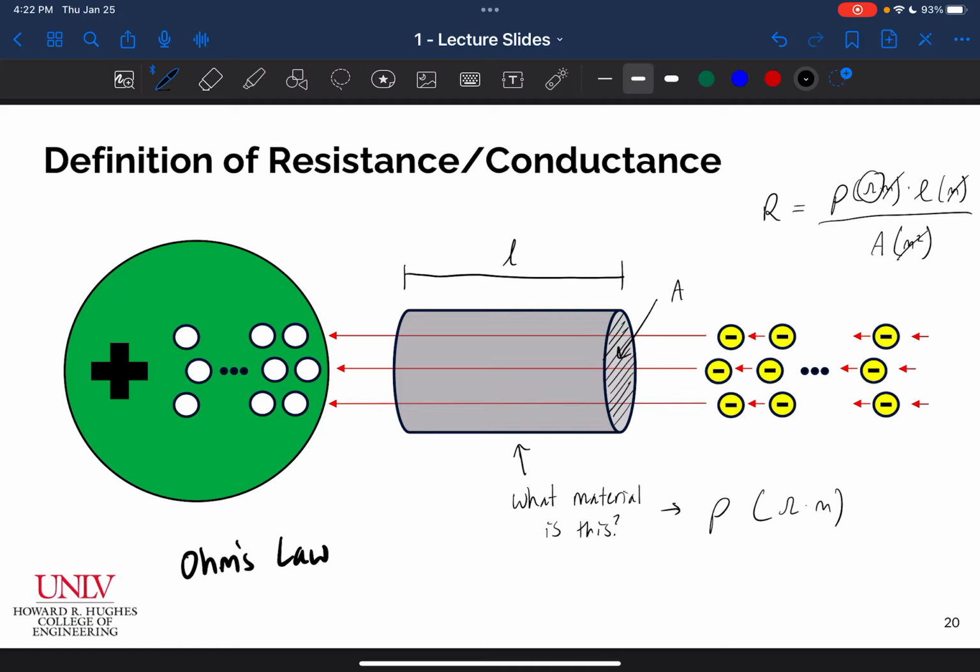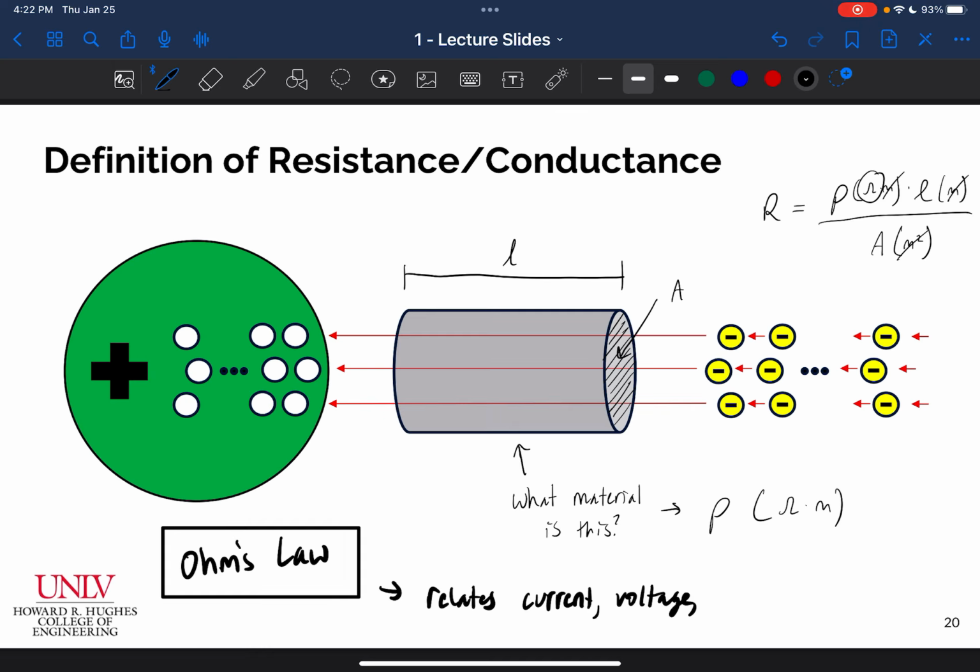It's the law slash formula that relates current, voltage, and resistance. And it is going to be vital as we move through this class that you understand Ohm's law, that you understand how to use Ohm's law to your advantage to solve circuits.